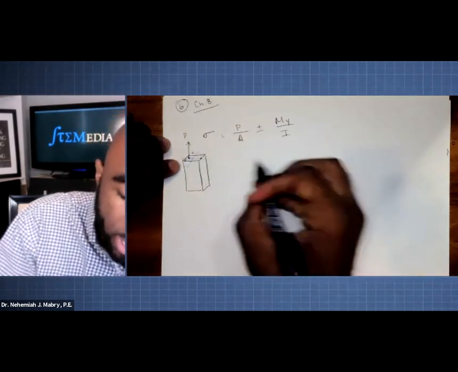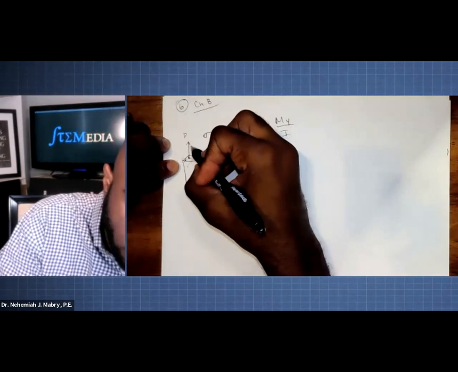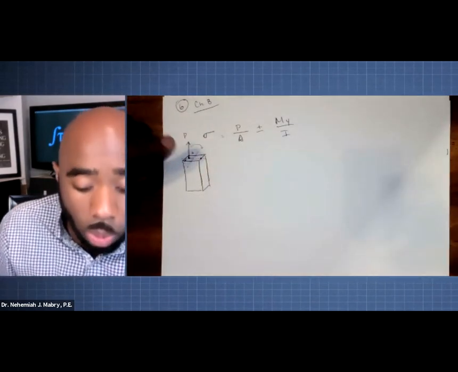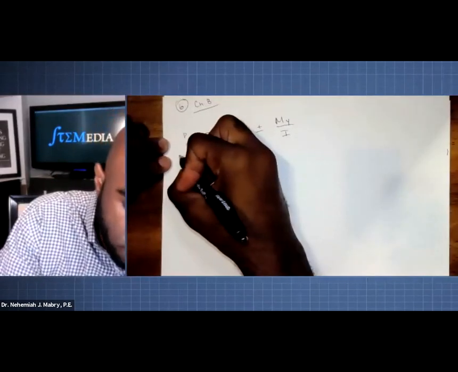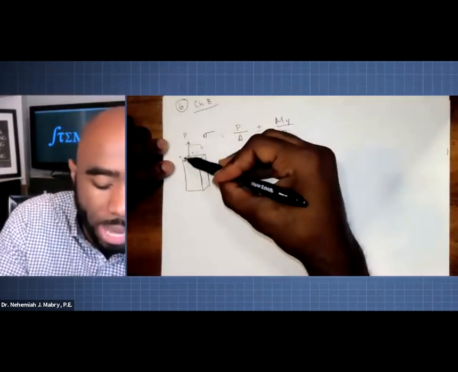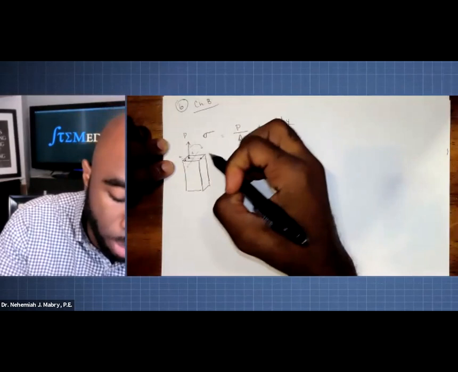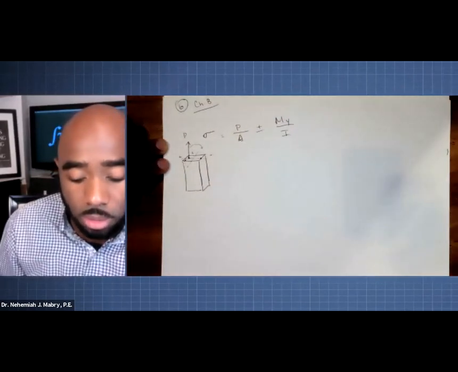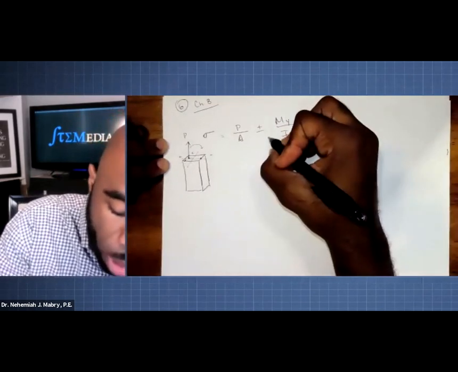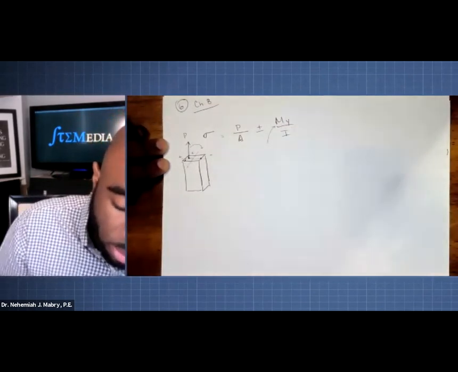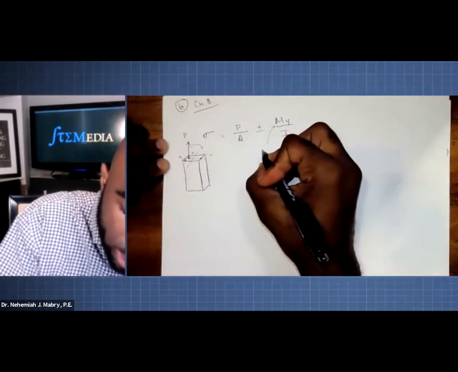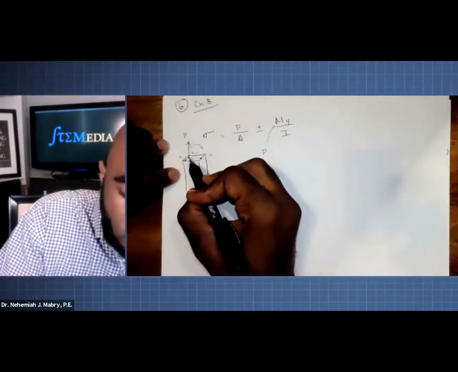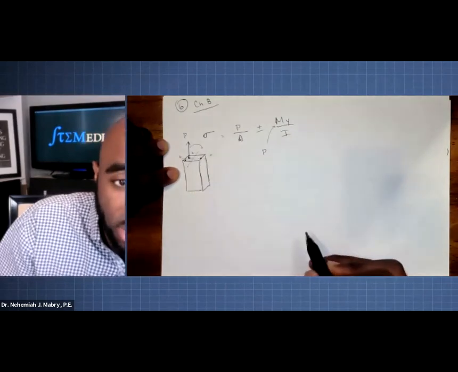That means it is creating a moment about the neutral axis, which means on one side it will be creating a positive stress, but because of the moment, on this side it's going to be creating a negative stress. So the way that we will write the moment in this case would be P times e, or times the distance from the neutral axis.